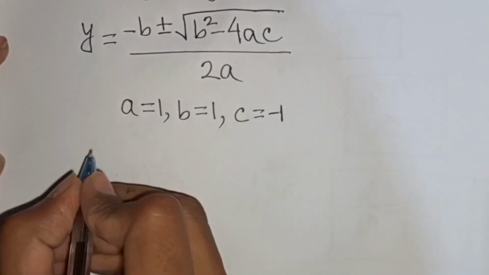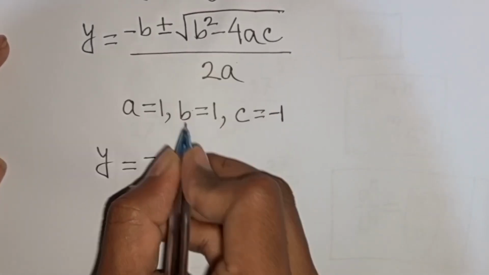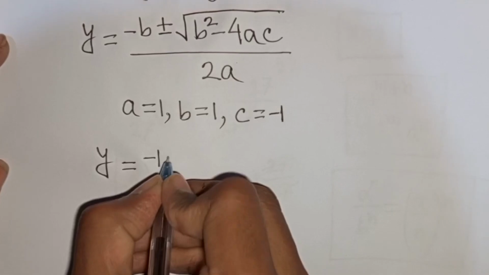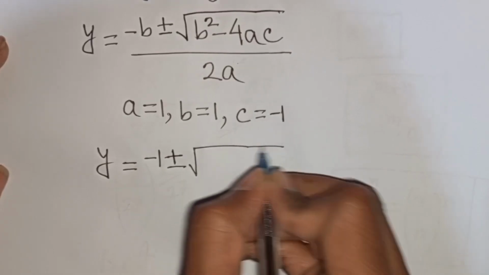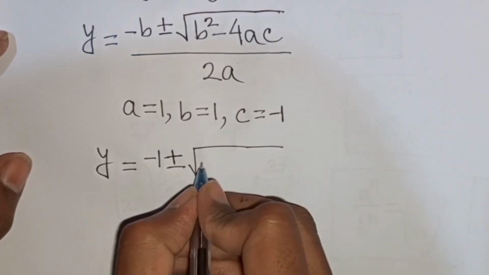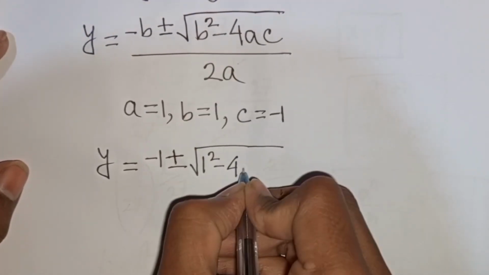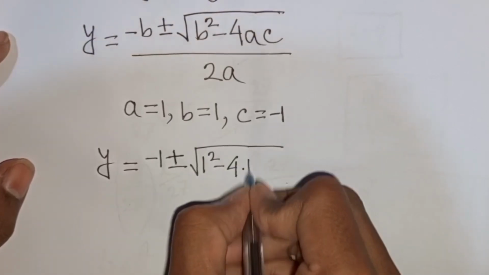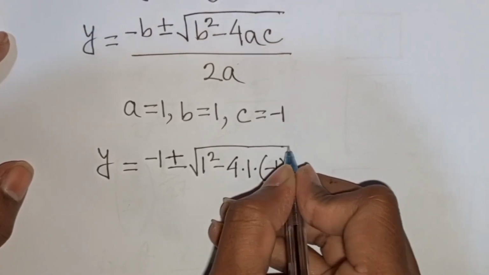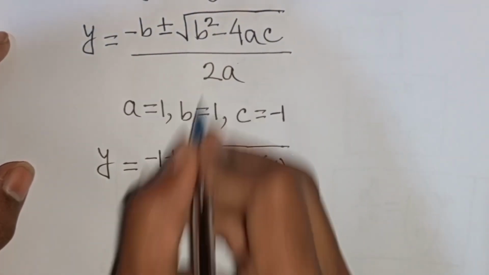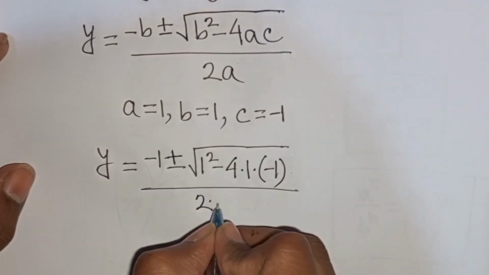Now y will be equal to minus b, that means minus 1, plus or minus square root of b square, that means 1 square, minus 4 times a, that means 1, times c, that means negative 1, divided by 2 times a, that means 1.